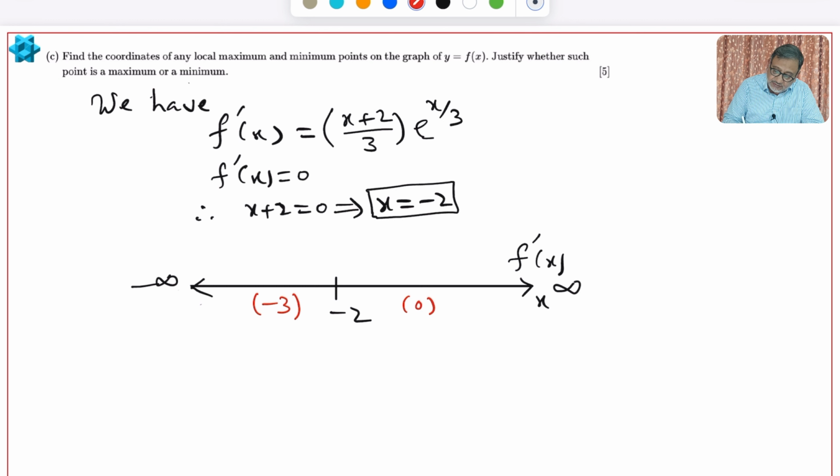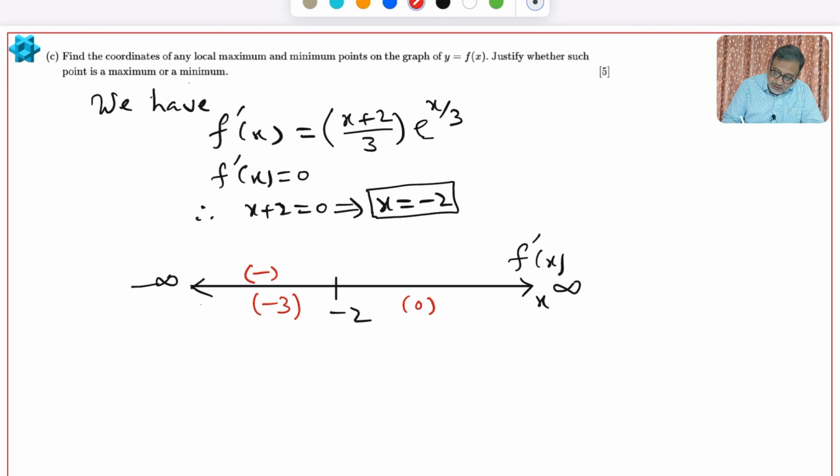When we put negative 3 in this, it will be negative 3 plus 2, so negative 1, and e raised to anything will always have a positive sign, so this is negative, right? So therefore I will write here, this will have a negative sign.